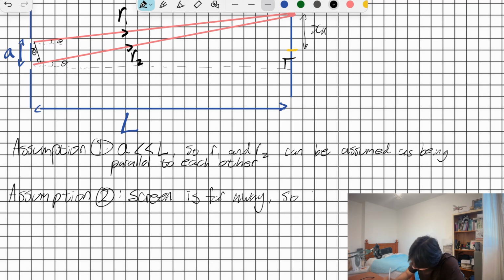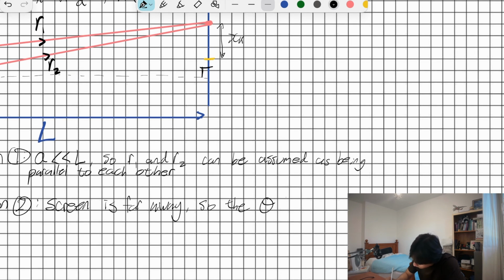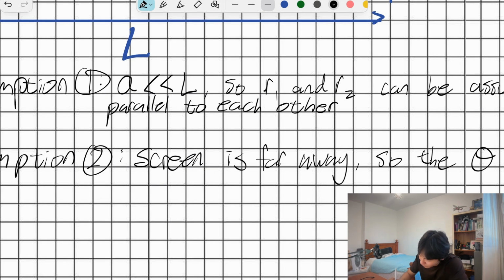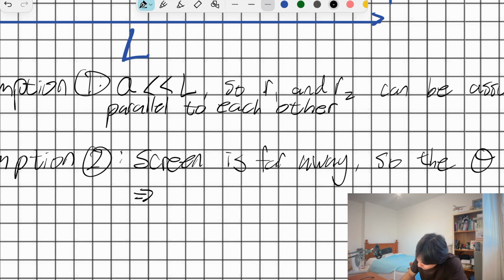So theta is smaller than 1 degree, or we can say theta is very small. You can say theta smaller than 1 degree, right? And the consequence of this assumption was that sine theta is basically equal to tan theta, right? That's what we assumed.